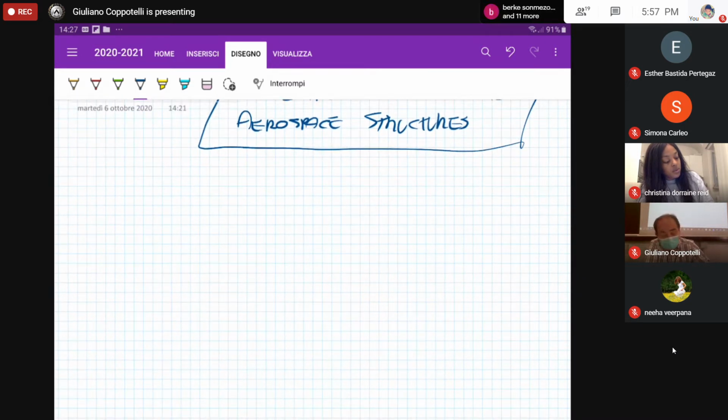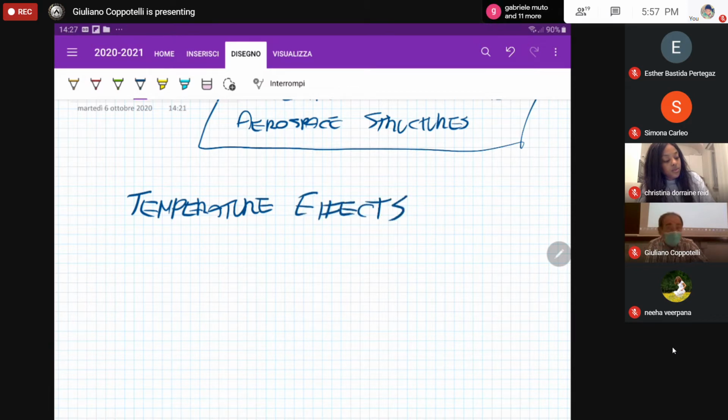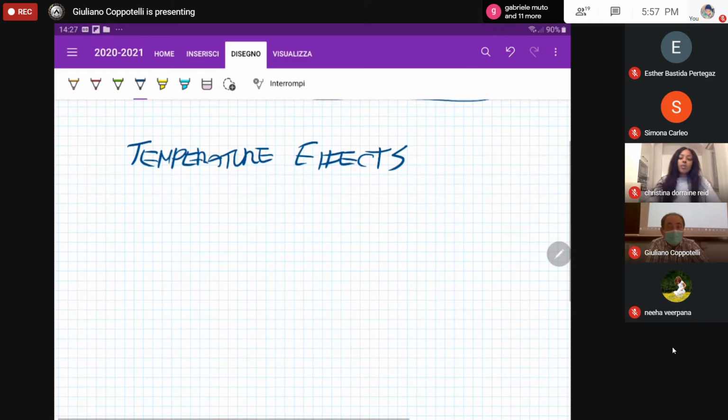So let me talk about temperature effects when operating, of course, strain gauges. Remember, we had a very important equation that is characterizing your strain gauge working principle.